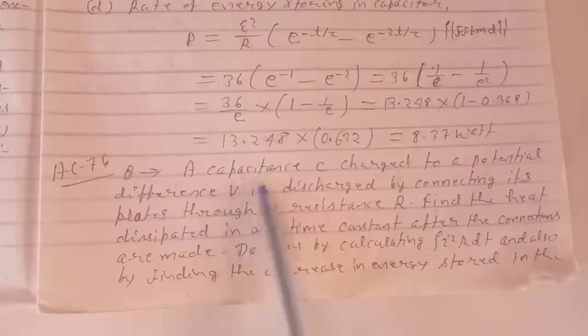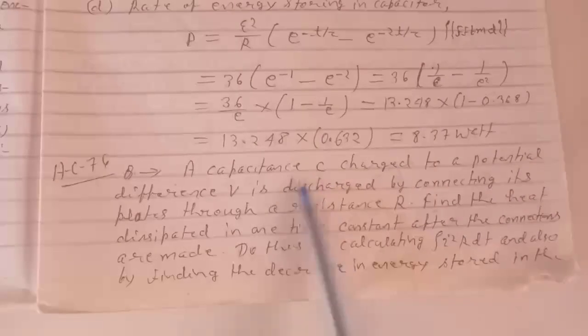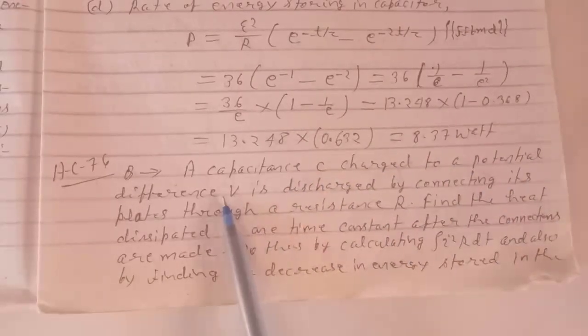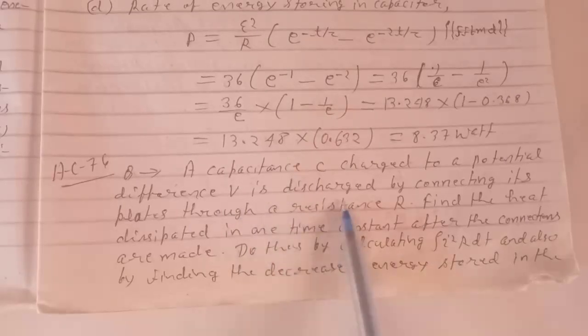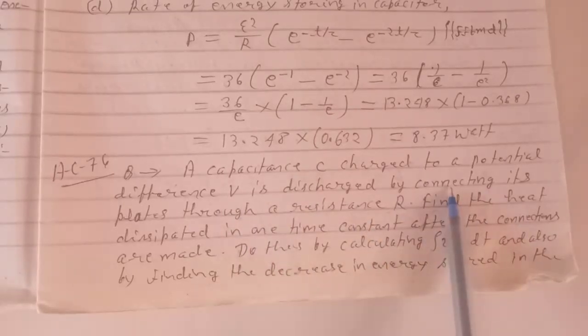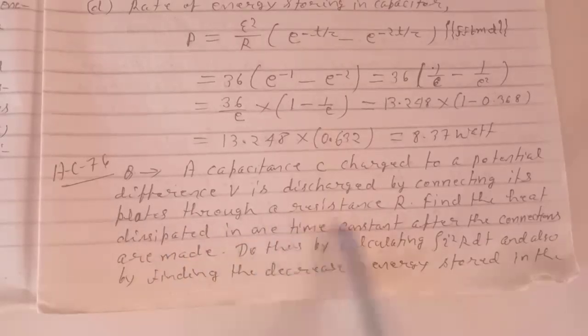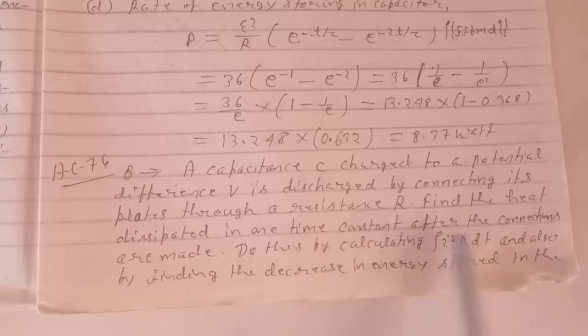A capacitor of capacitance C charged to a potential difference V is discharged by connecting its plates through a resistance R. Find the heat dissipated in one time constant after the connections are made.